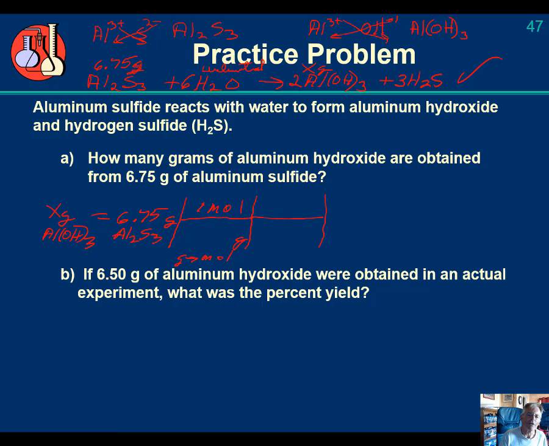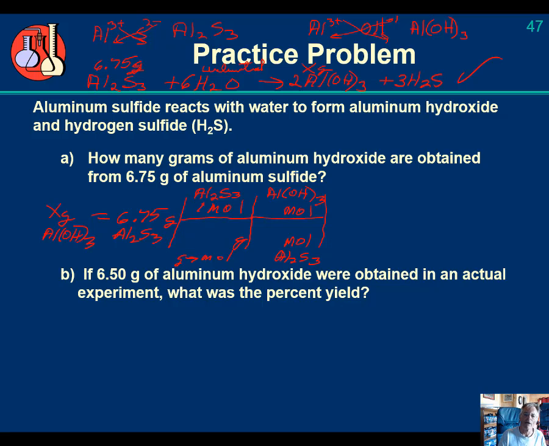So this is moles of Al2S3. This is moles of Al2S3. This will be moles of what I'm looking for, my X factor, which is aluminum hydroxide.